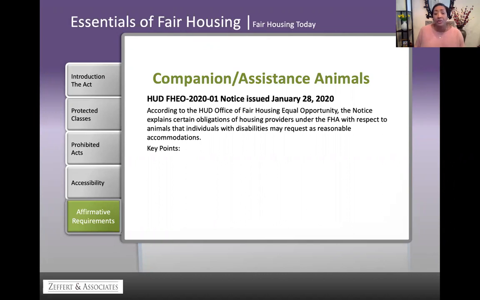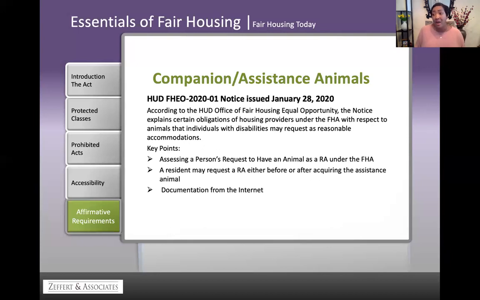This was a notice issued on January 28th of 2020, and it provided housing providers some clarification with regards to the documentation required for companion assistance animals. According to the HUD Office of Fair Housing and Equal Opportunity, the notice explains certain obligations of housing providers under the Fair Housing Act with respect to animals that individuals with disabilities may request as a reasonable accommodation.